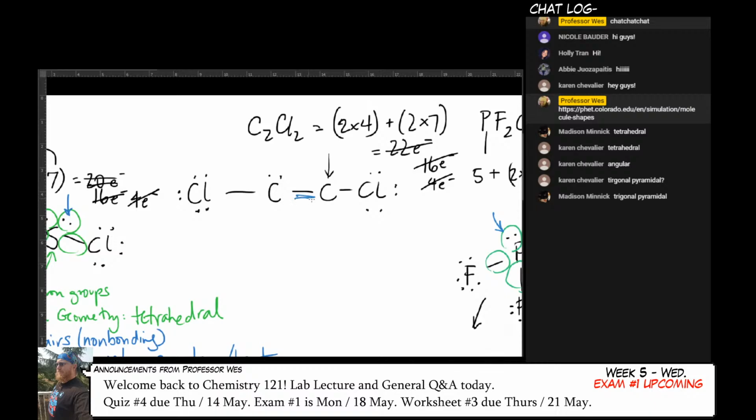So I could move that electron pair right here. And I could then move this electron pair right here. And I have this as an option. Or, and I'm just going to draw the molecule real quick how it was. So dot, dot, dot, dot.